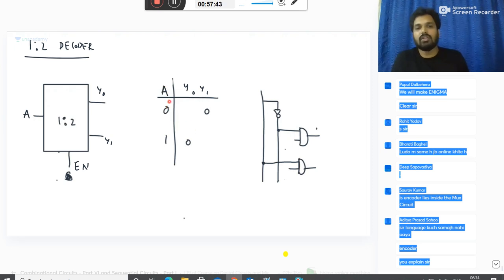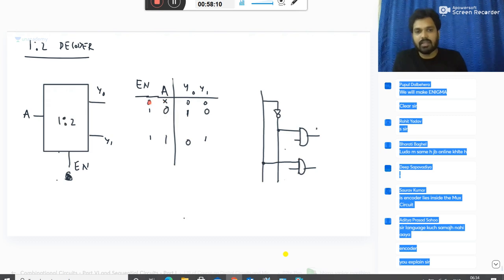When A is 0, here you will get 1. One more thing is important here: enable. You see this figure. Now observe, when enable is 0, A can be anything.